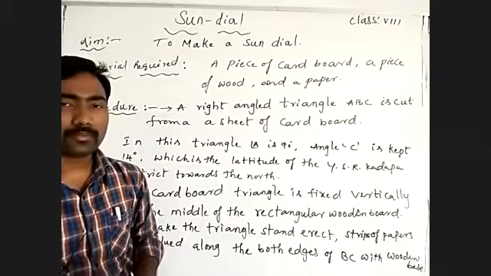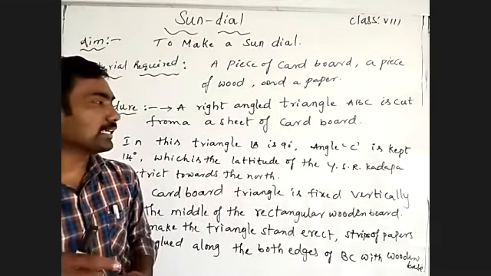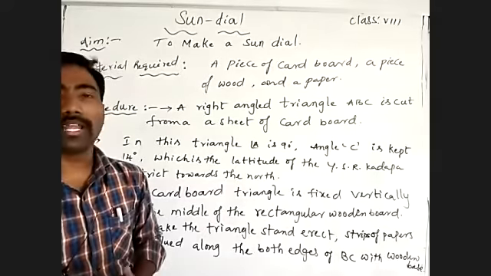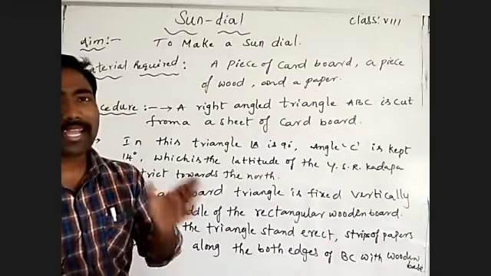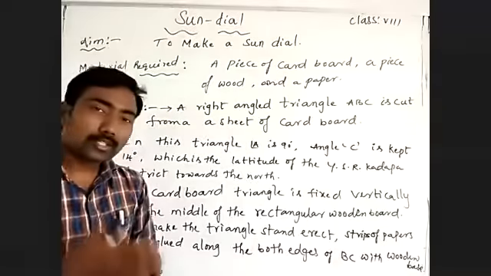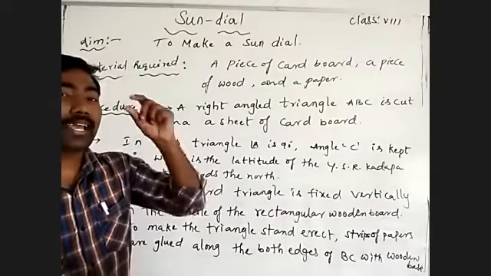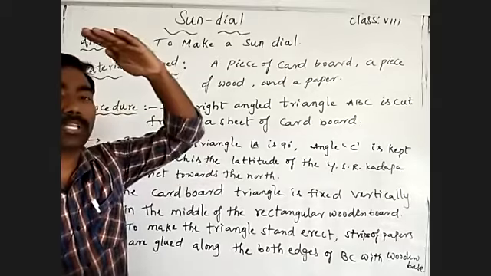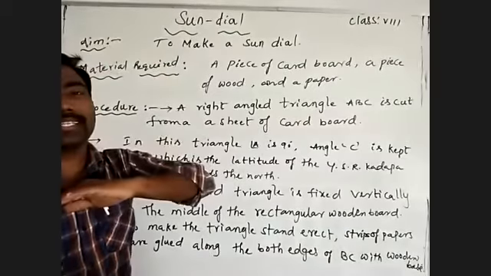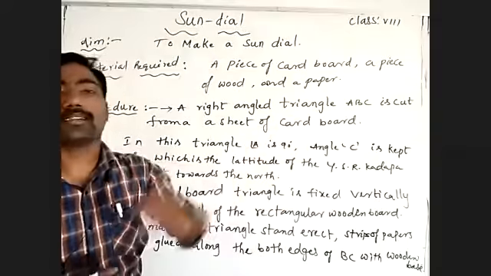Understand? And the right angle triangle is fixed vertically on the wooden base. That angle of 90 degrees is at the top. Angle C is towards the south direction. Angle B is towards the north direction.